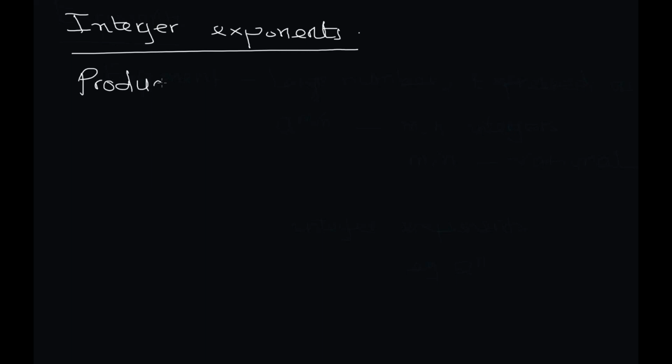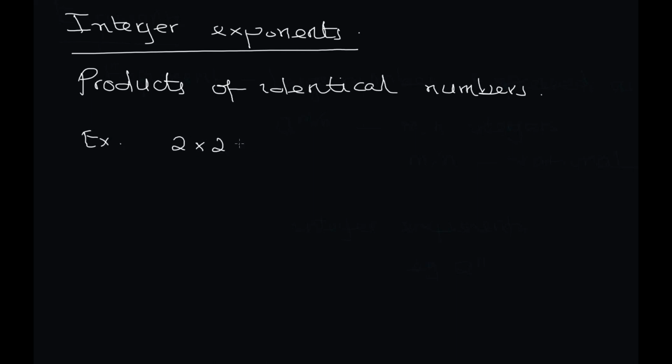Okay, so now what are integer exponents? These are what we've met a couple of times in our algebra. These are products of identical numbers. For example, I can have 2 by 2 by 2.